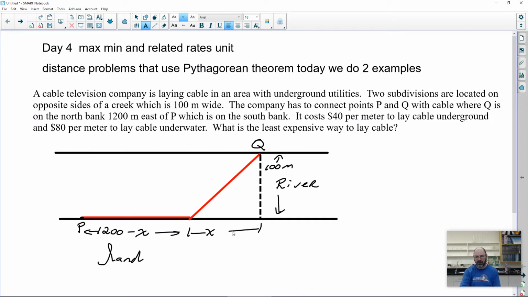So I'm going to say let X be the distance at which the cable goes into the river. So that's what X is. Let me get my marker out here so that we can solve this.